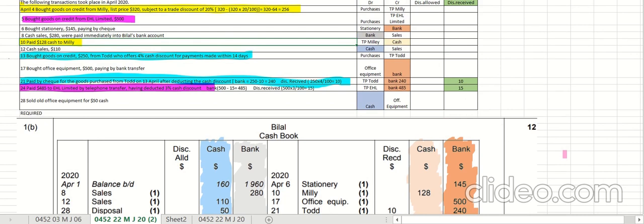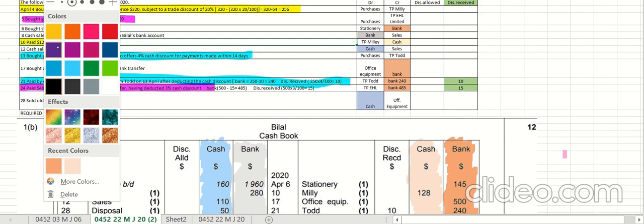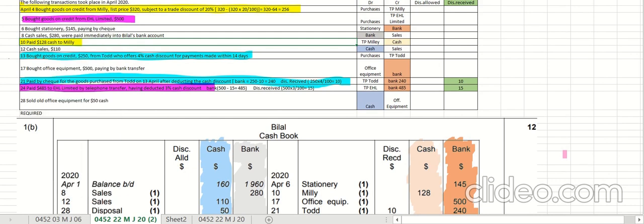So let's have a look whether we have entered it correctly. So this transaction goes over here, which is 145. Enter it on the credit side of bank 145. And then 8 cash sales 280 should go to the debit side of bank. And then you paid to TP Millie by cash, which is worth 128.